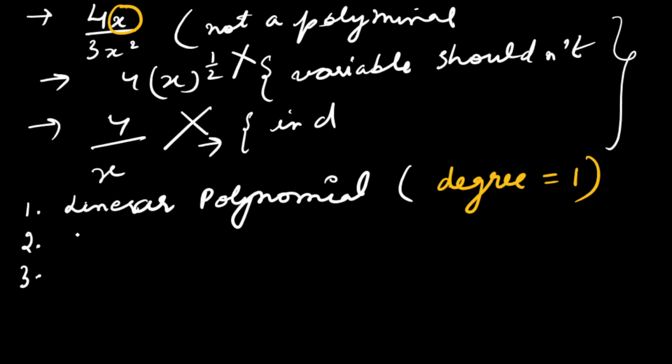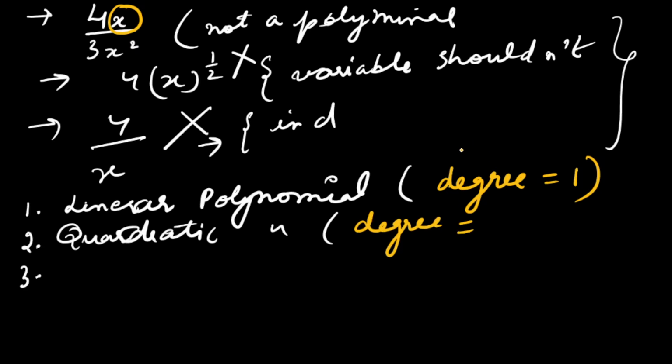In case of a quadratic polynomial, see my spellings here and there, if there is a mistake you can ignore that. In a quadratic polynomial, when I am talking about degree, it is about the highest degree. So the degree of the polynomial will be 2.